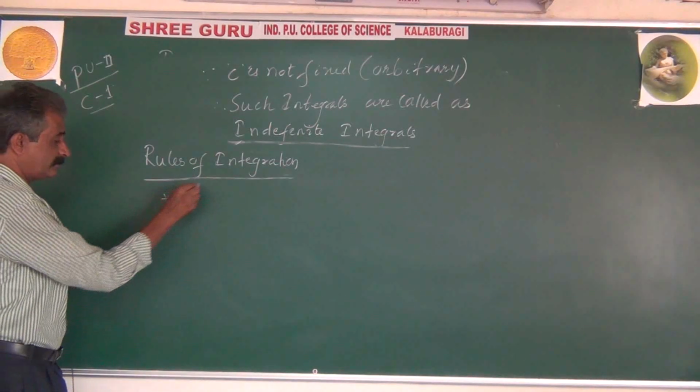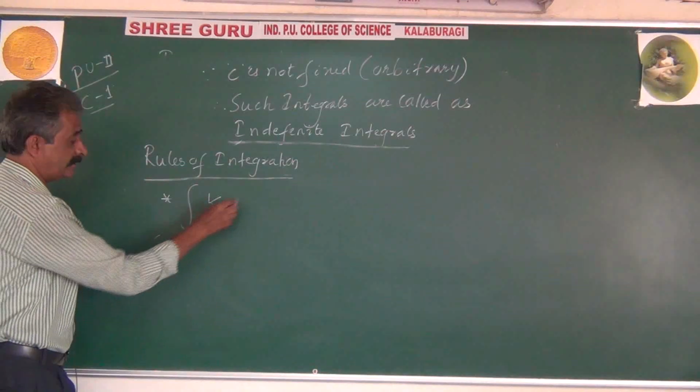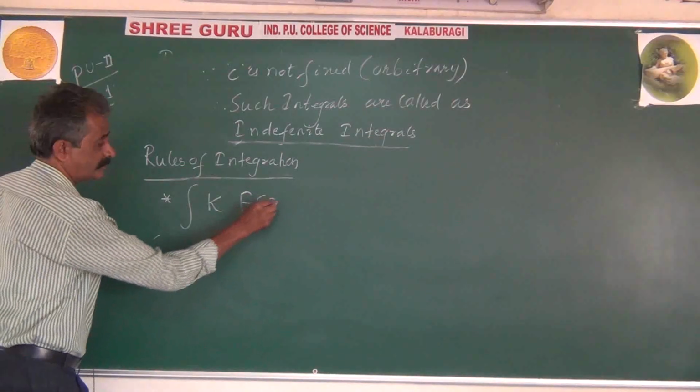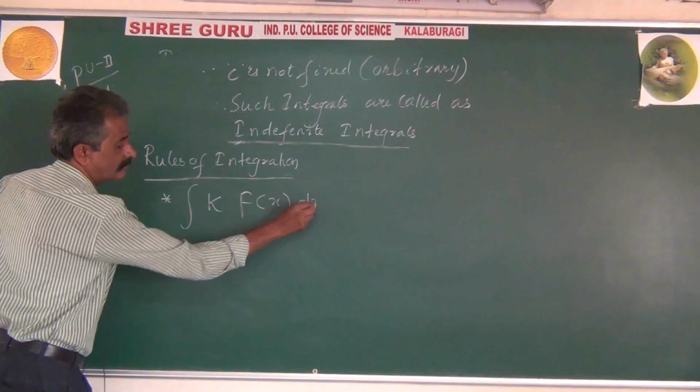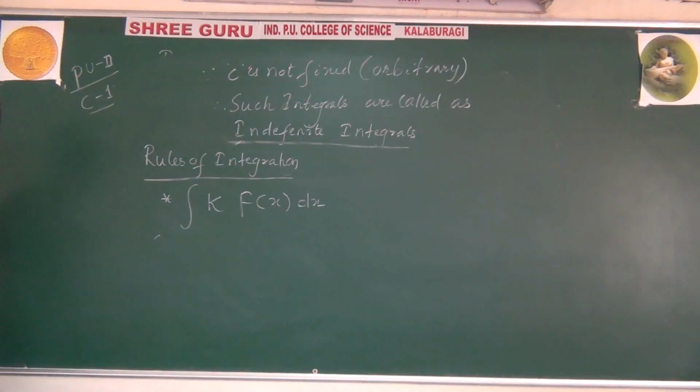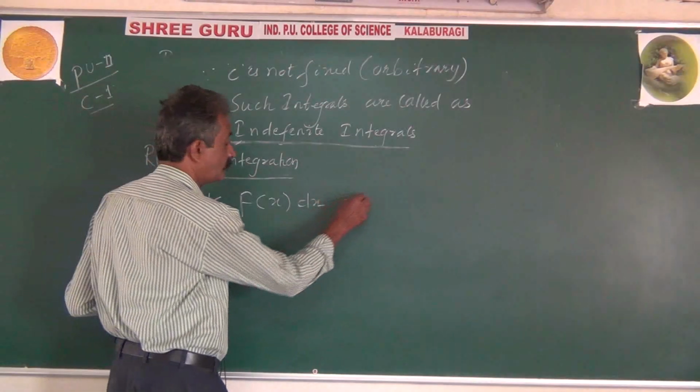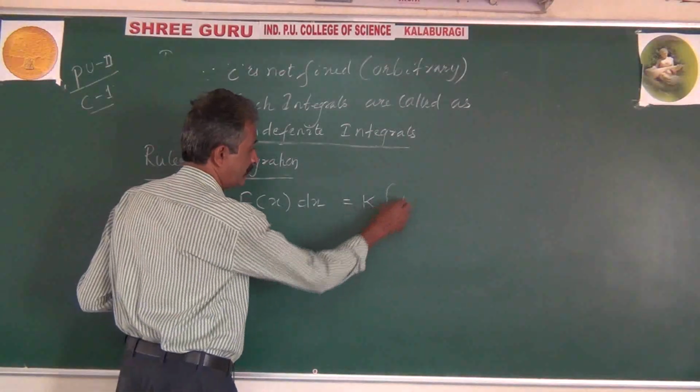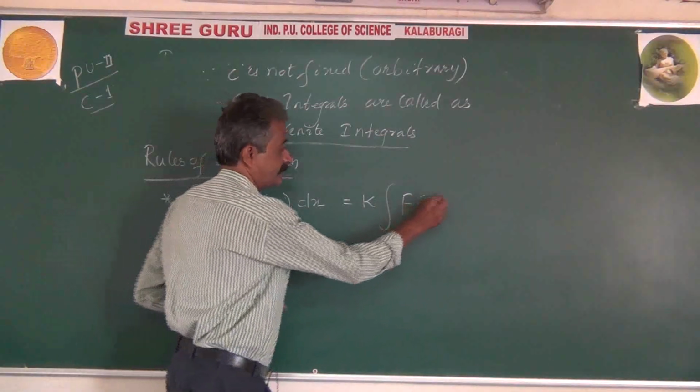First rule: integration of constant k into a function. We had the same rule in differentiation. In that case, we took k out. In this case also, we have to take k out. So the integration of k into capital F of x dx equals k into the integration of capital F of x dx.